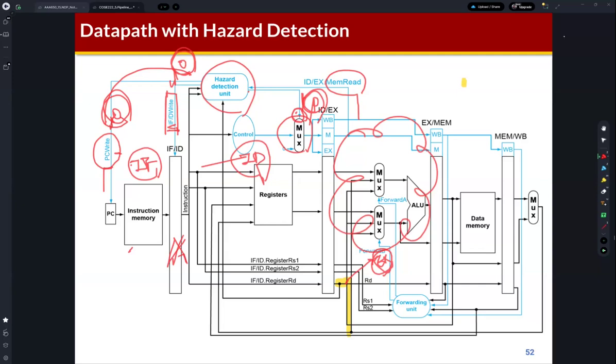And then it generates these control signals, okay? The PC write, the pipeline register write, and it also makes all control signals 0, okay? So you can understand the operation of the pipeline architecture's hazard detection like this, okay?